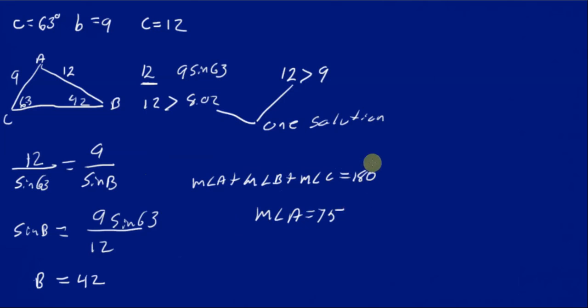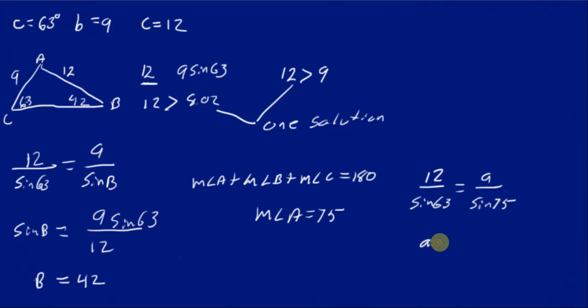And we could easily find the length A, because now I have the same ratio. 12 is to the sine of 63 as the length A is to the sine of 75.